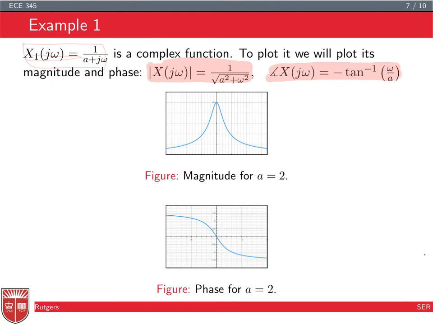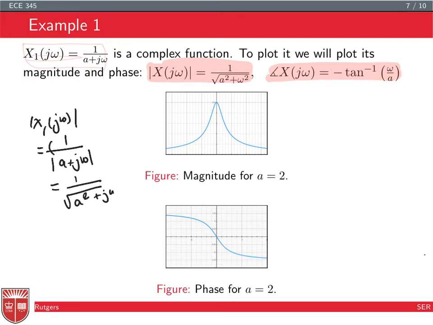In this particular example, since X1 of j omega is 1 divided by a plus j omega, we know that the magnitude of X1 of j omega is equal to 1 over the magnitude of a plus j omega, and this gives you 1 over the square root of a squared plus omega squared.